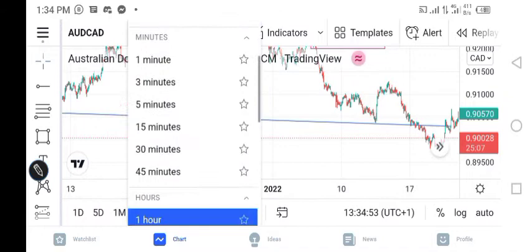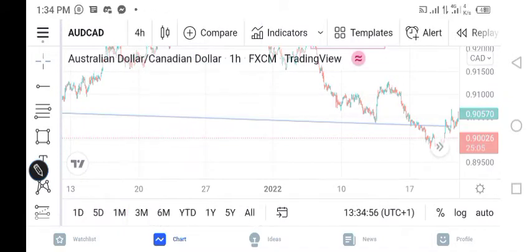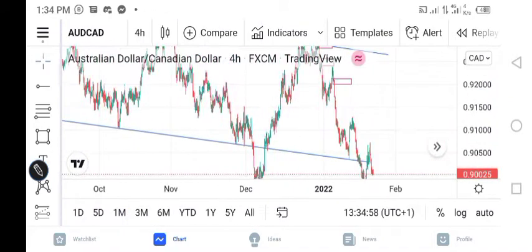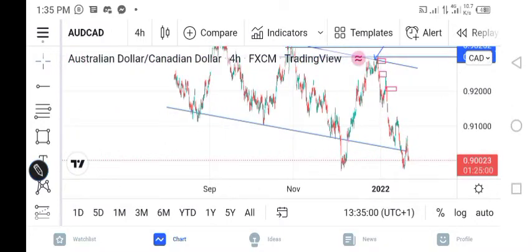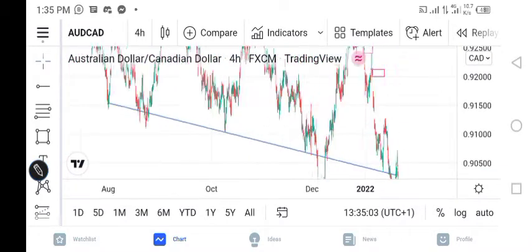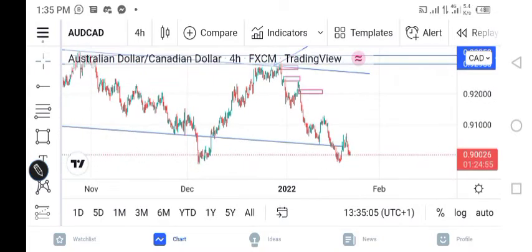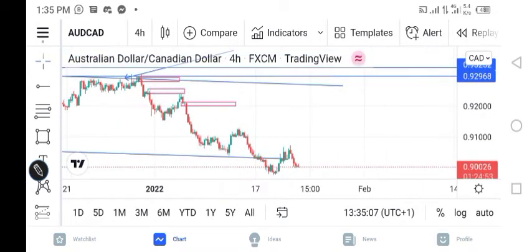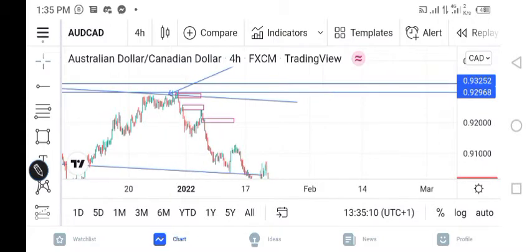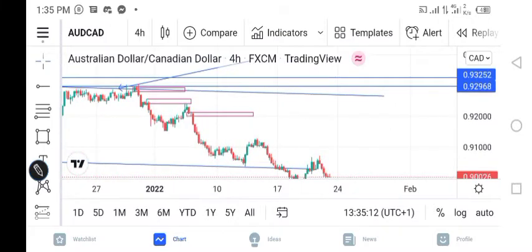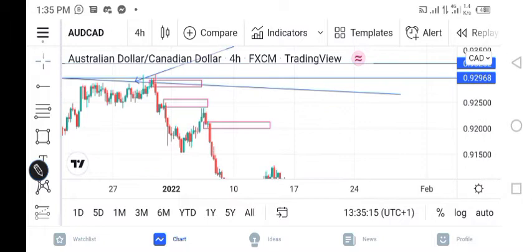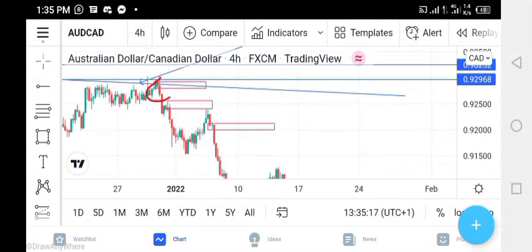Let me go back to 4 hours. So if you miss out from the entry here, you could pick this entry, and that's the essence of supply and demand, to enter the market again.